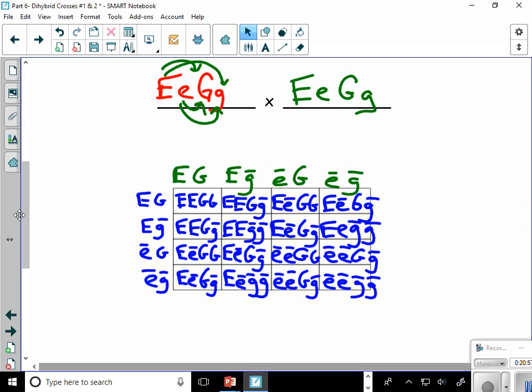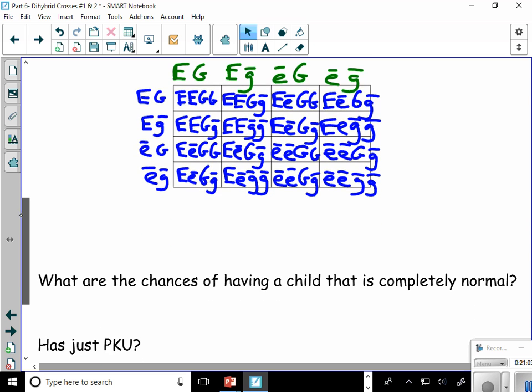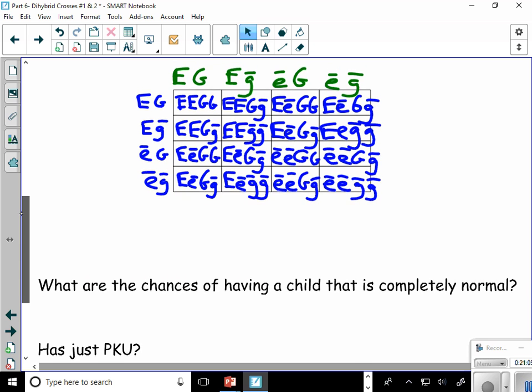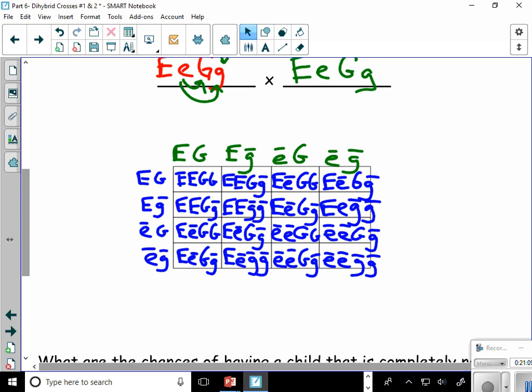Now, as I come down and look, it says, what are the chances of having a child that is completely normal? What would be a genotype of that? It would have both dominants, right? So as I go through, I'm going to check in red ones that have both dominants.